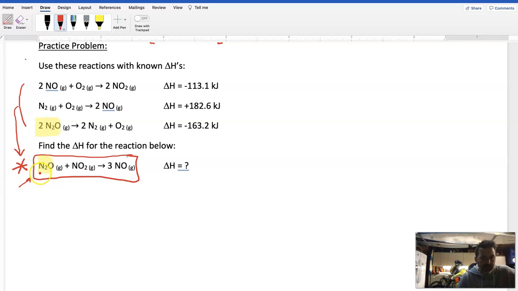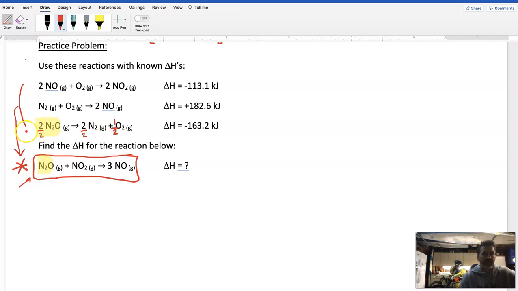All right, now the other part is I only want one N2O in my final product here, but there's 2 in this equation. So what that means is I'm going to have to divide everything by 2 because I want to get rid of that 2. I just want one of them. So if that's the case, I'm going to divide this by 2, I'm going to divide this by 2, and I'm going to divide this by 2. So that just becomes 1/2.